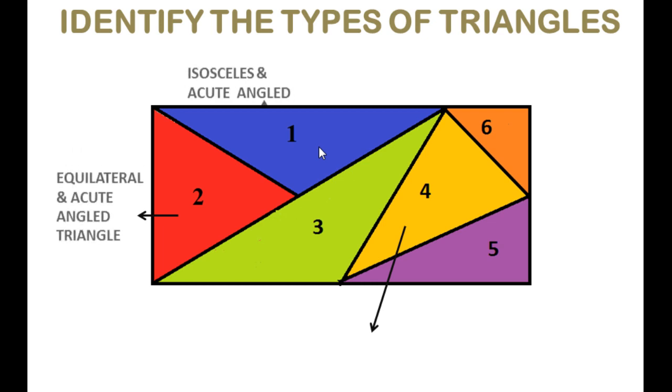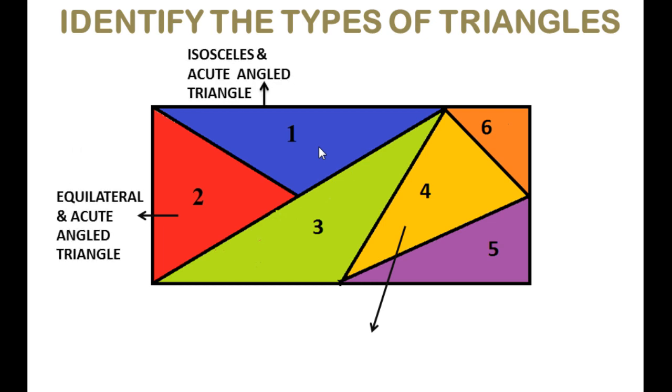First is isosceles and acute angled triangle because each angle is less than 90 degrees. Similarly for second, equilateral, and it's a good information for you, in equilateral triangle each angle is 60 degree. So each angle is 60 degree, it means it is acute, less than 90.